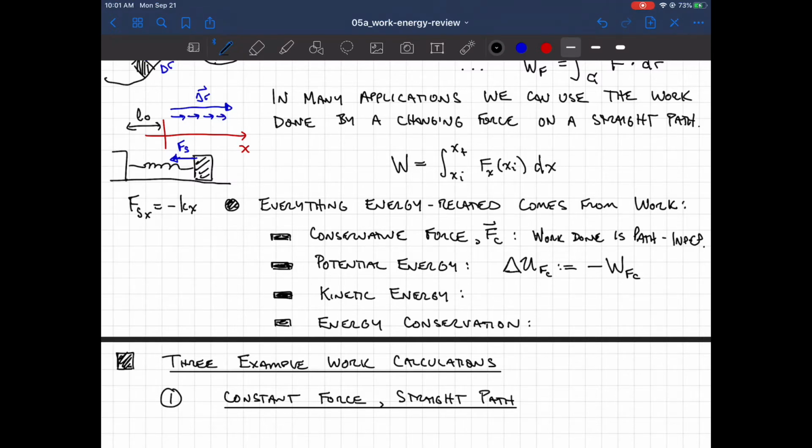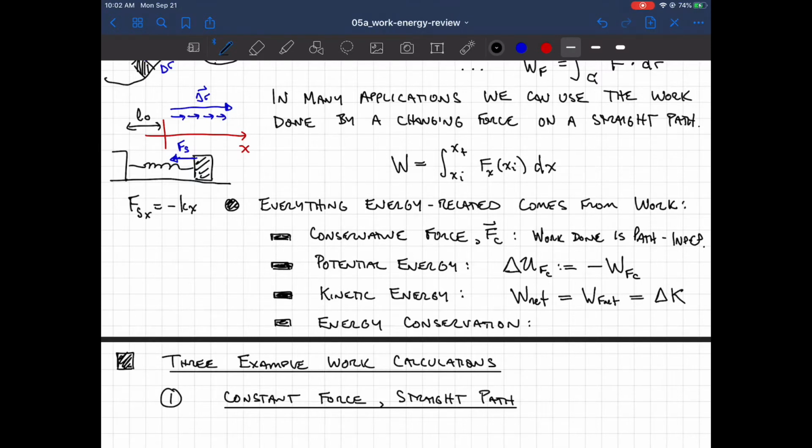And then the kinetic energy is also defined through the work, through something called the Work-Kinetic energy theorem, which says that the net work, which you could also write as the work done by the net force, is equal, basically by the definition of kinetic energy, to the difference in 1/2 mv squared. That's how we define kinetic energy.